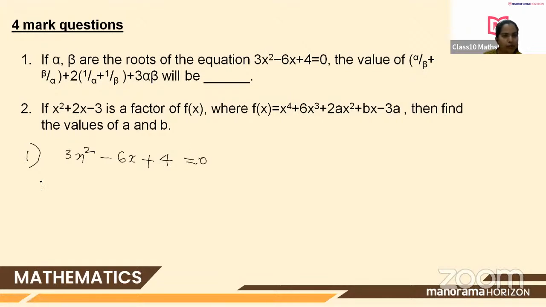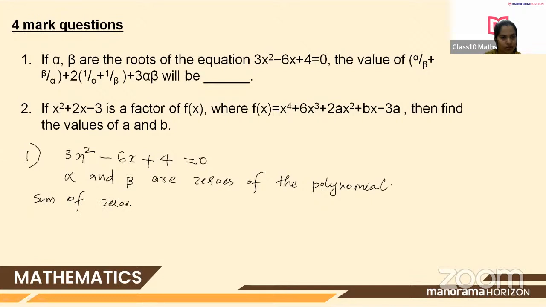Okay. And we have to find the value of alpha by beta plus beta by alpha. So sum of zeros. Here alpha and beta are zeros of the polynomial, right? And sum of zeros is equal to alpha plus beta.